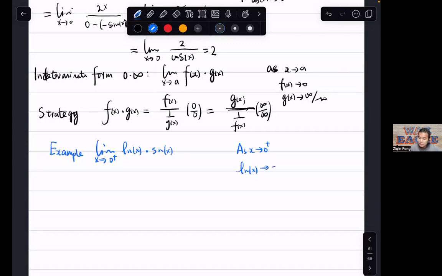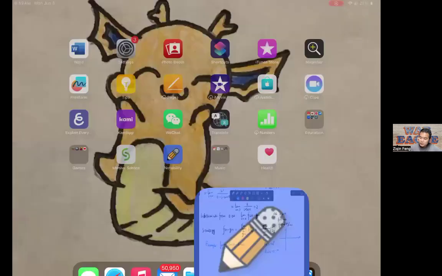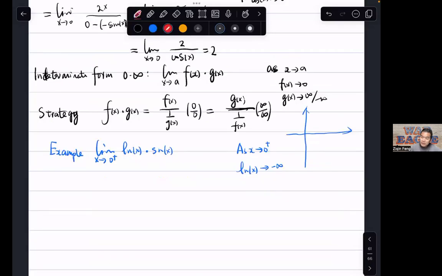If you recall the graph of y equals natural log of x, it looks like this, and this is 1 here. And sine of x goes to sine of 0, which is 0. So this is infinity times 0, or 0 times infinity. Order is commutative, so order doesn't matter. We want to change it to a fraction. So this is the same as the limit as x goes to 0 from the right side of natural log of x over 1 over sine of x.